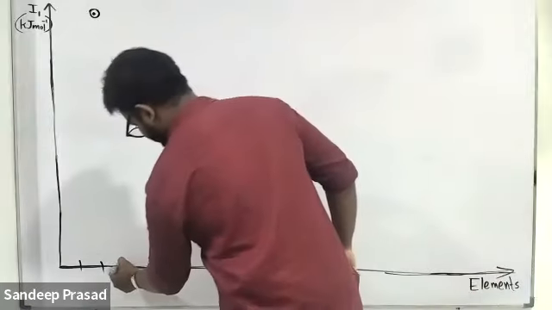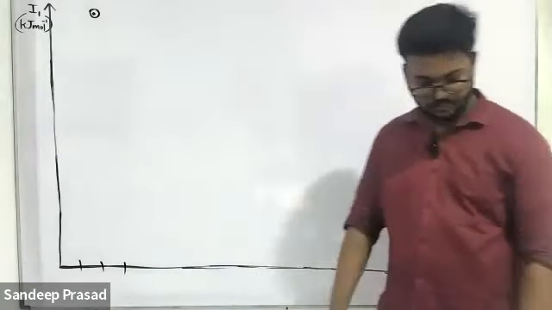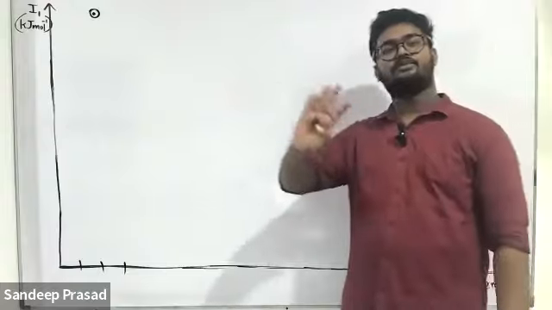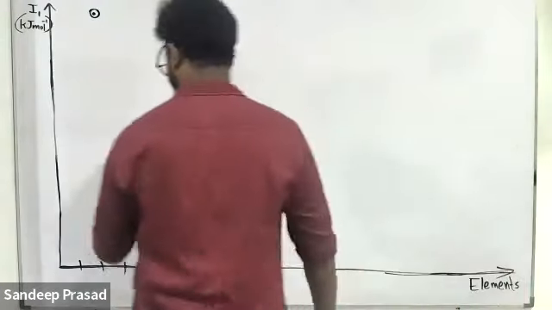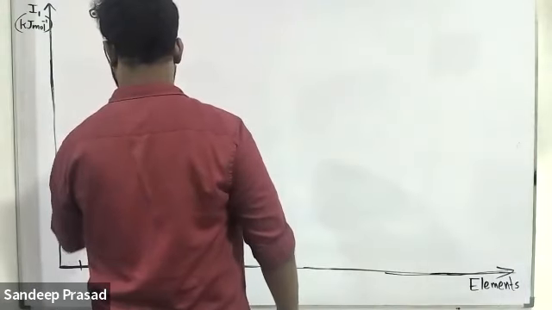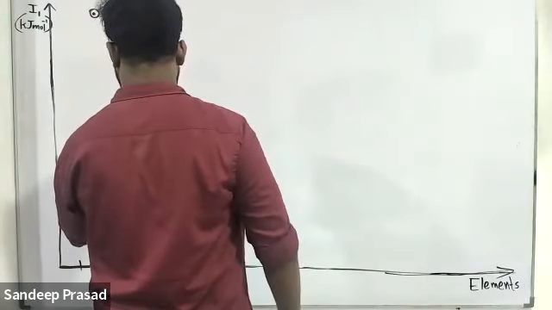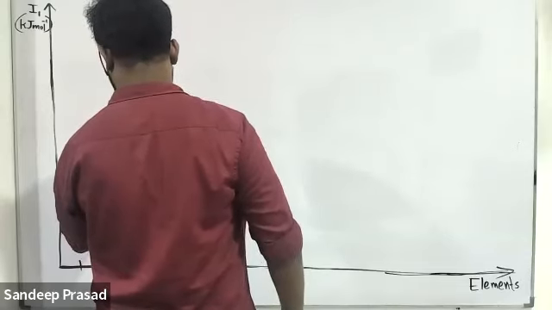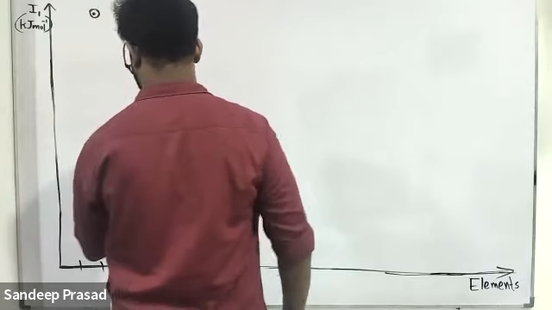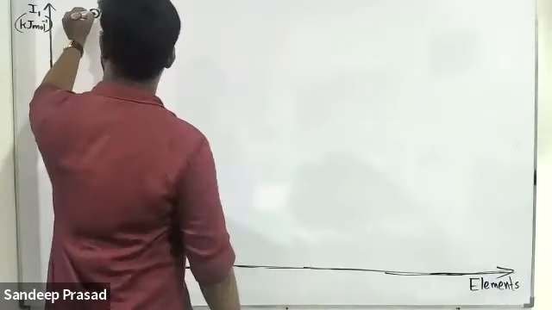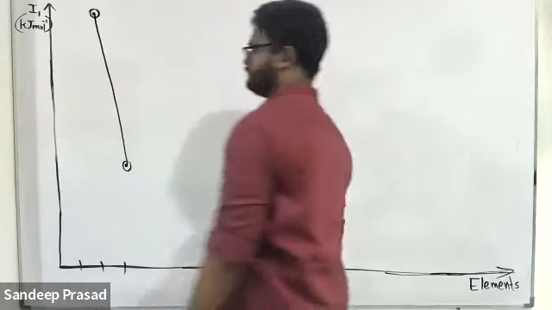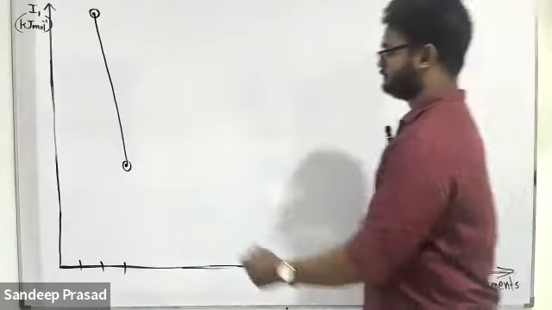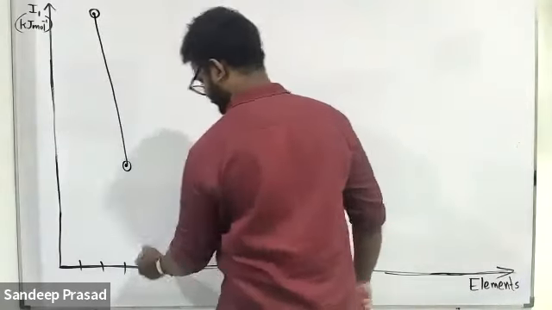And then we have lithium. So they have asked us to draw the ionization energy graph from hydrogen to argon only, right? Hydrogen to argon only. Then I can take lithium in here. Lithium. Look at the way that I'm drawing the graph. Helium and lithium.